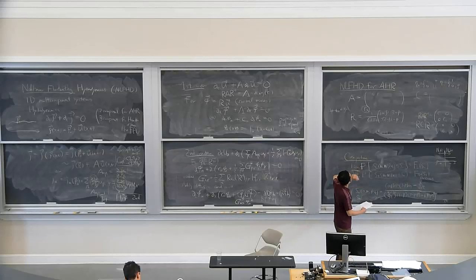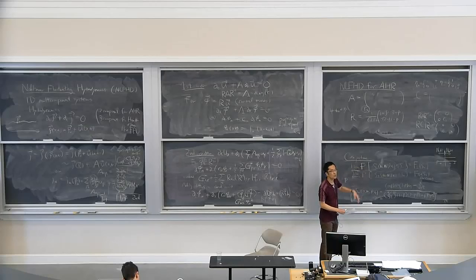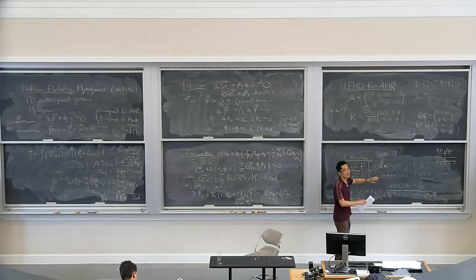But for our later purpose, it is useful to make the conjecture a bit stronger, in the sense that this is for each mode, right? We are basically thinking that all modes are independent.